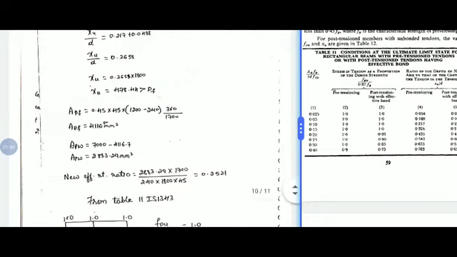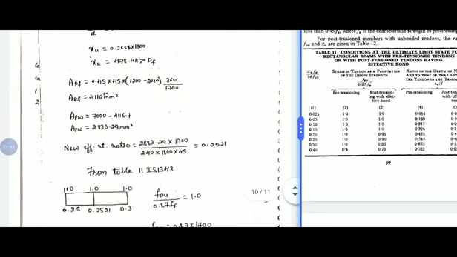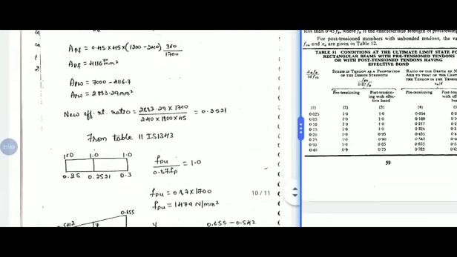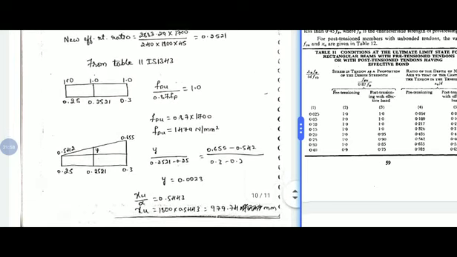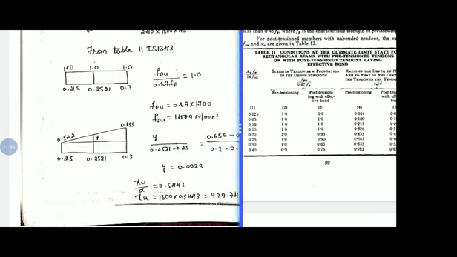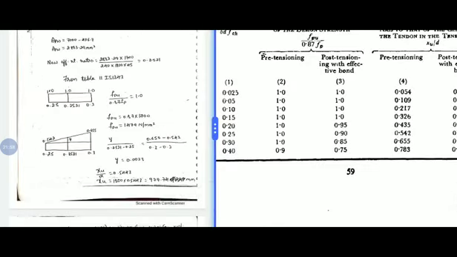The new effective reinforcement ratio is 0.2521. Again go to table number 11. 0.2521 lies between 0.25 and 0.3. So FPU by FP value we have directly 1, you can consider the values directly. And for XU by D ratio we have 0.542 and 0.655.